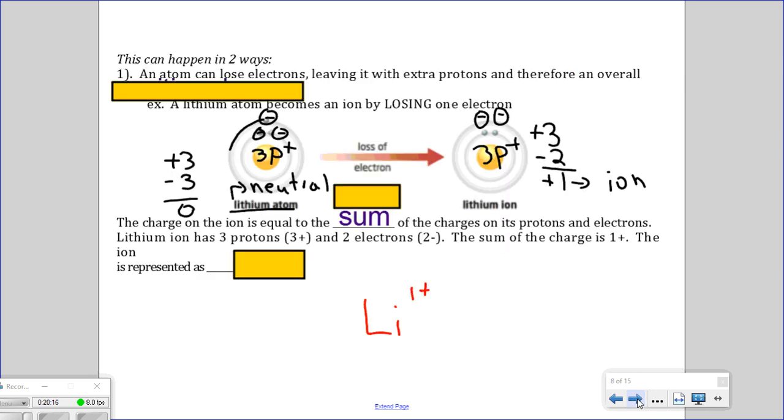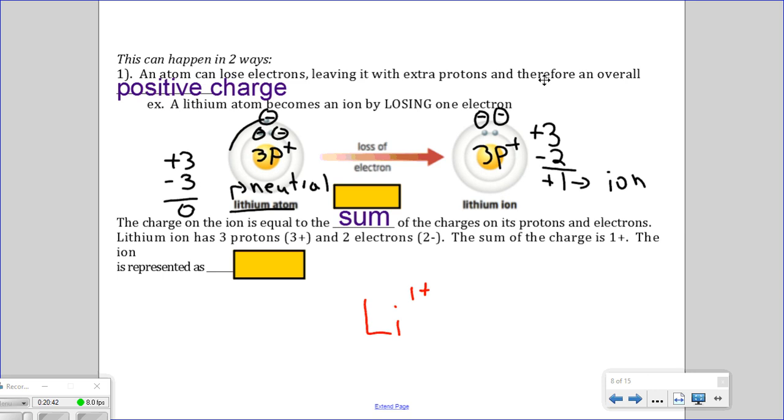So the losing and gaining of electrons can happen in 2 ways. An atom can lose electrons, leaving it with extra protons, and therefore an overall positive charge. As we talked about with lithium, a lithium atom becomes an ion by losing 1 electron. Here we have the neutral lithium atom. It will lose that outer electron.